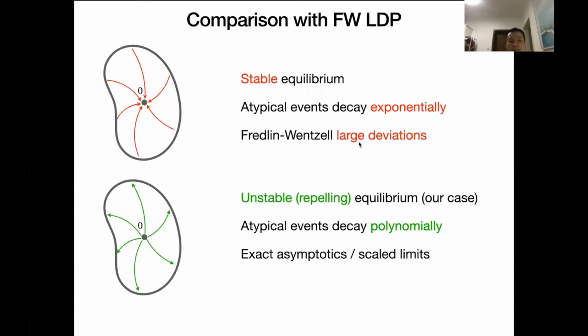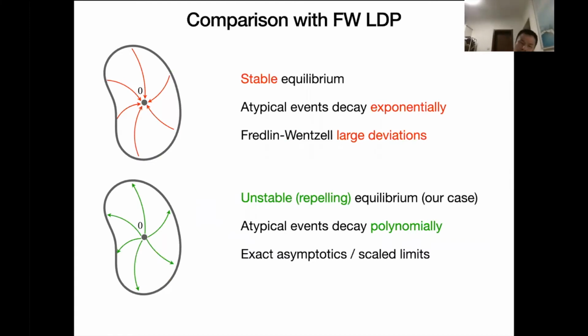This is a type of small perturbation of dynamical systems, and it has been studied extensively, for example, in Freidlin-Wentzell theory. A particular picture in that framework is you have a stable equilibrium at the origin.